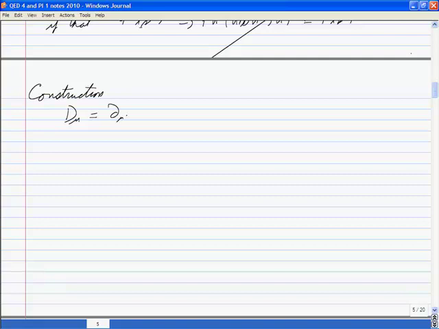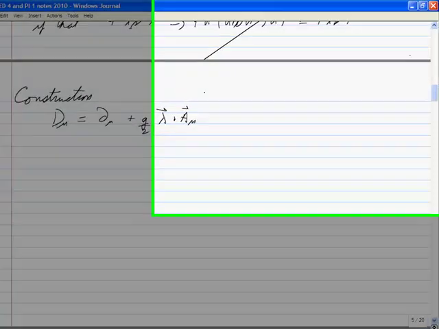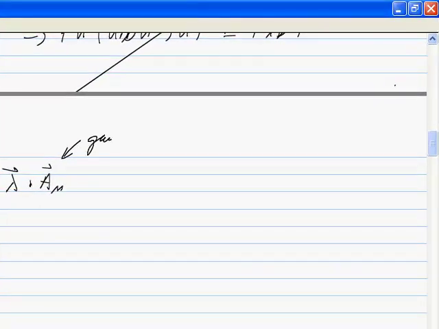Of course, that's what it has to. And then I'm going to add a new piece, which is i g over 2 lambda dot A mu, where this is going to be the new gauge field, A^i with i equal to 1 up to N squared minus 1.